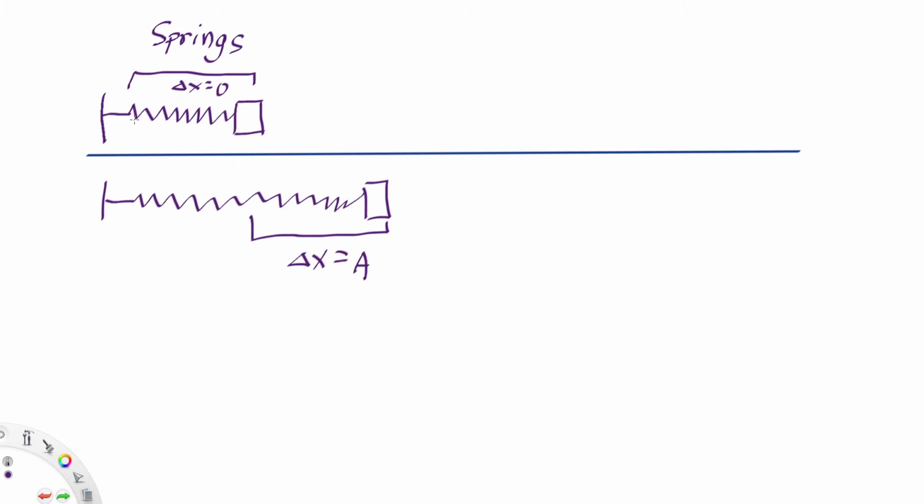We have some case here where we'll say that the stretch is equal to A, which is the maximum amount of stretch that the spring experiences. We'll call this point A. Point B will be the situation where the spring is at its natural length. And point C will be some arbitrary amount of stretch.